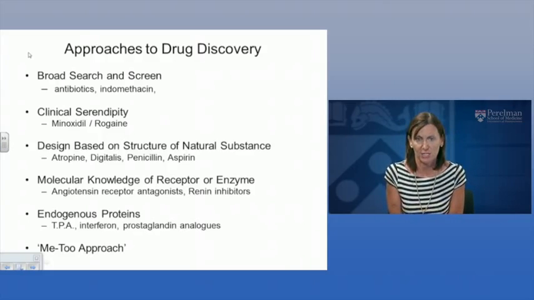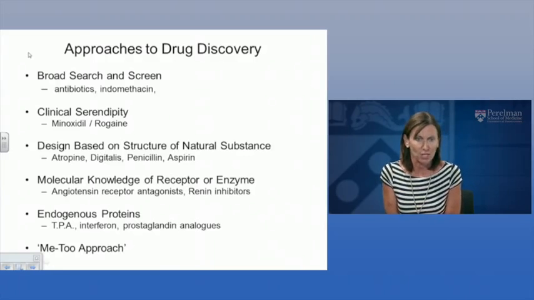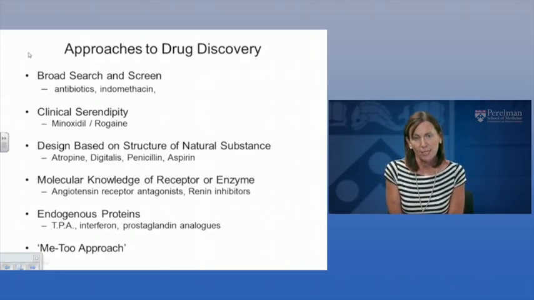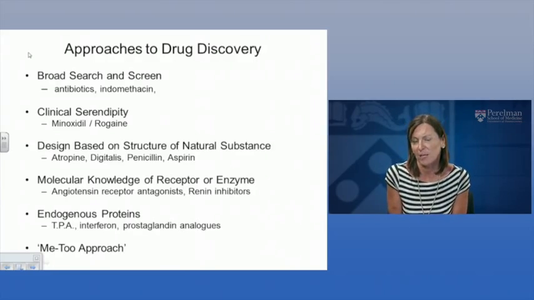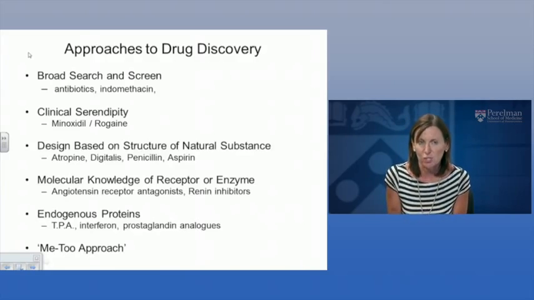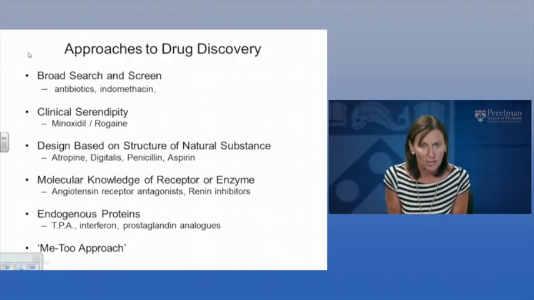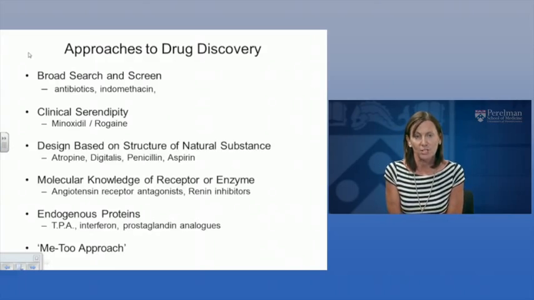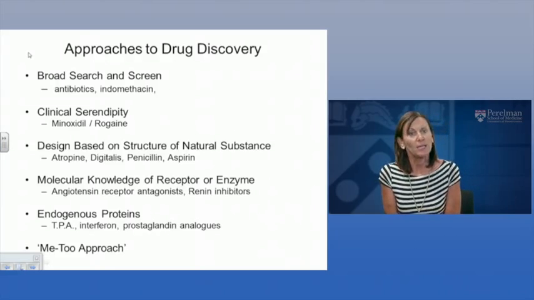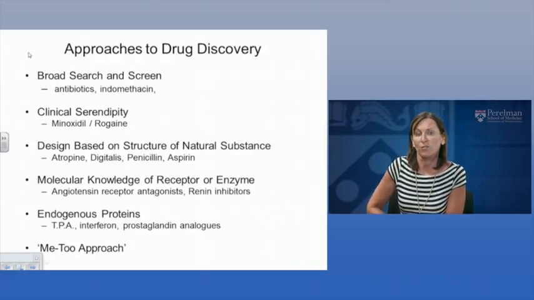Endogenously occurring proteins. So our clotting cascade invokes a molecule called tissue plasminogen activator, TPA for short. Tissue plasminogen activator plays a very important role in breaking down clots. Patients who have experienced an acute myocardial infarction as a result of a thrombus formation in their coronary circulation or a stroke in their cerebral circulation can be given TPA intravenously as a way to try and dissolve the clots.